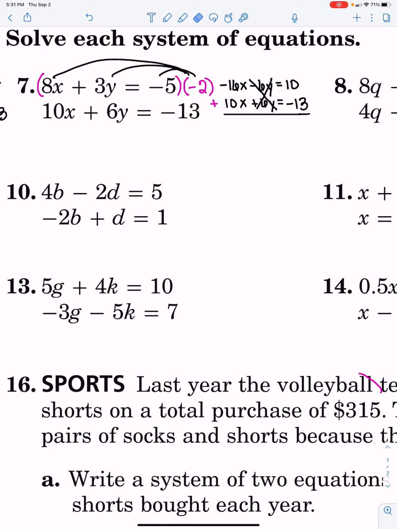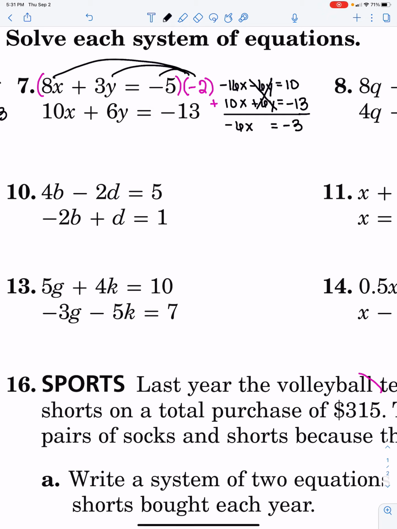Okay, so I have -16x plus 10x gives me -6x. The -6y and the +6y still eliminate, and this is going to equal -3. Okay. Sorry about that.